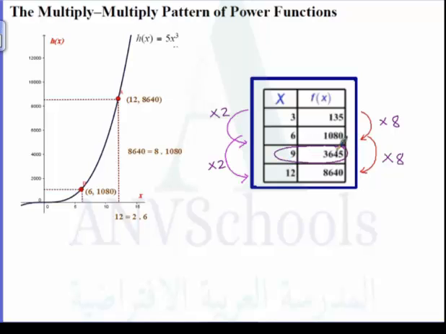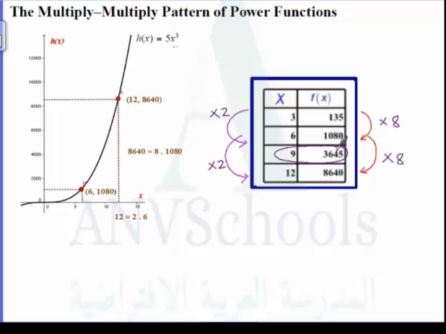We are going to exclude those points because although they belong to the function h of x is equal to 5x cubed, they are not relevant to the formation of the pattern itself.